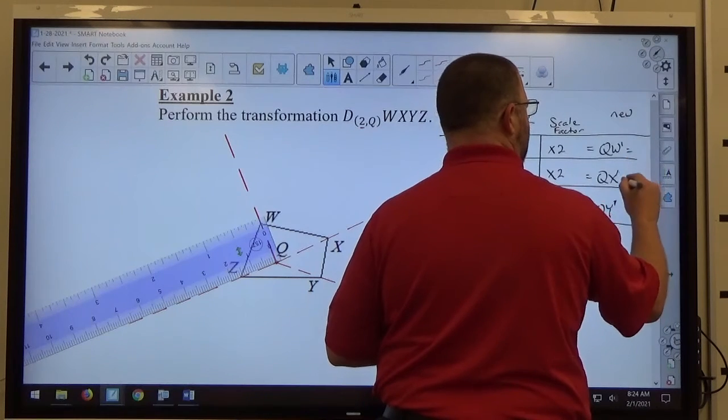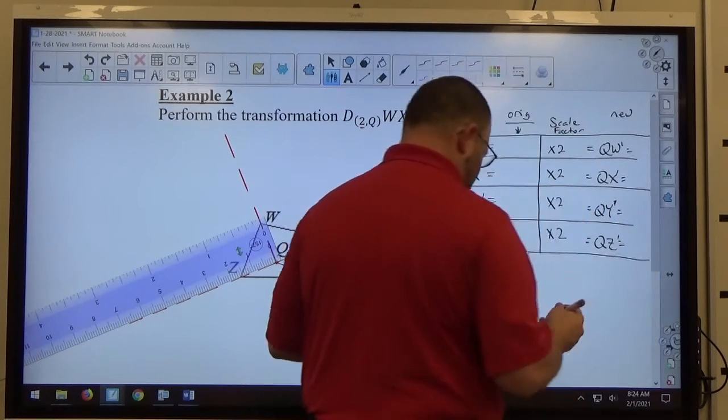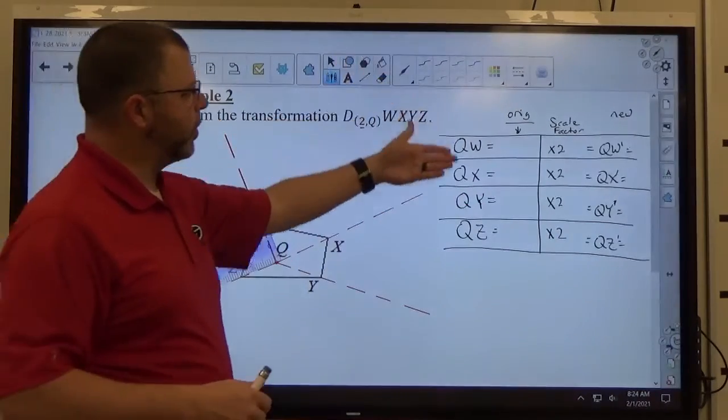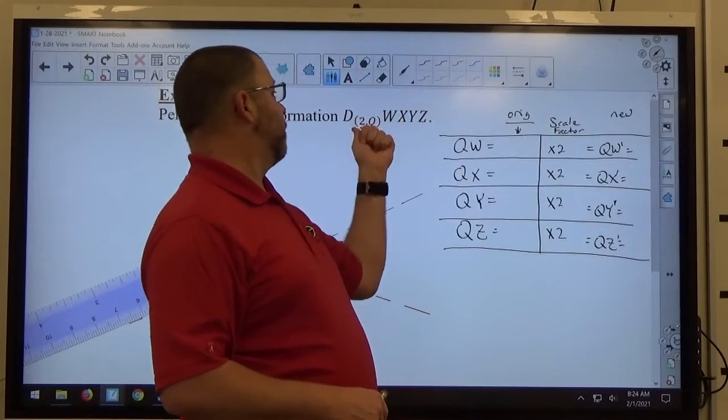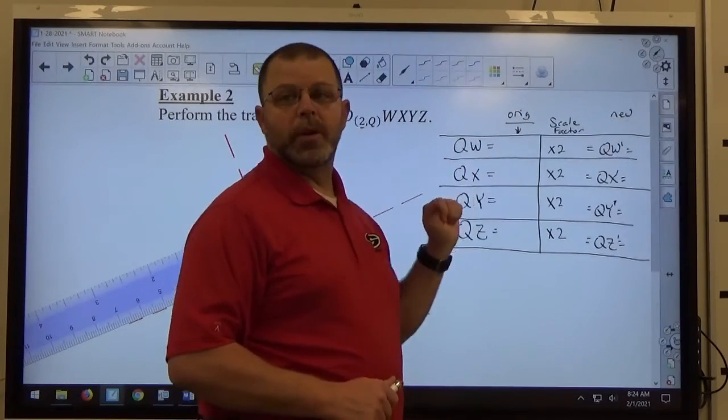And they're going to equal some length. So that's kind of the technique that's happening. So you measure the original length from center to each point, you double, because that's what the scale factor is, to get the new measurement along there.